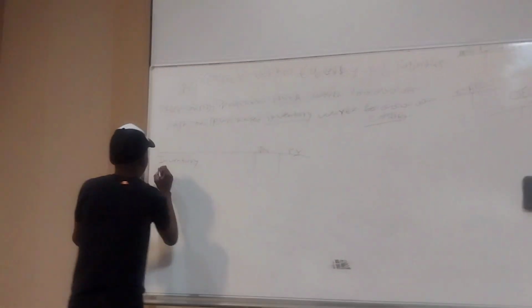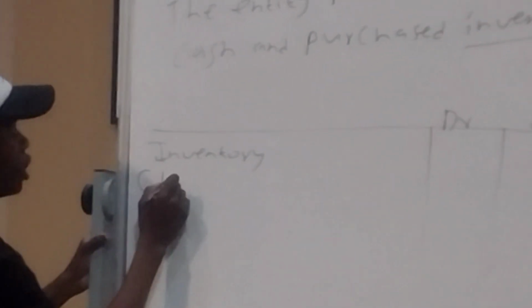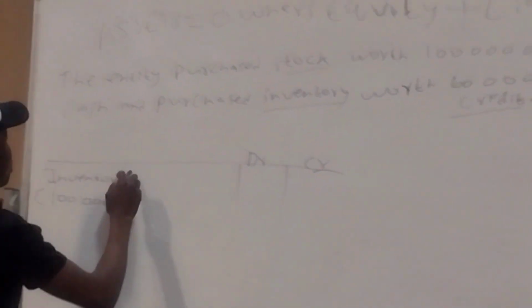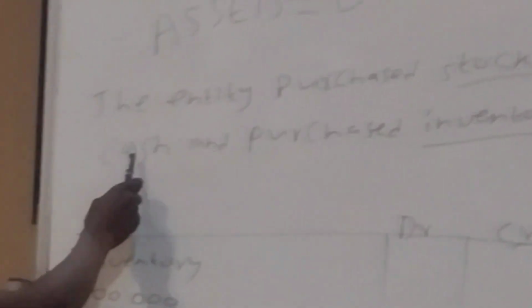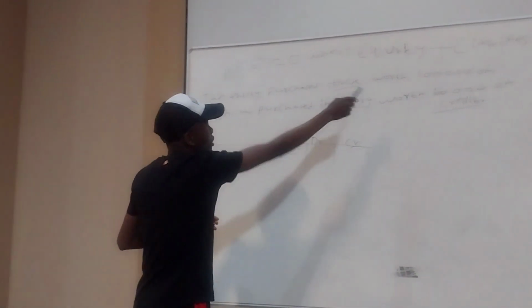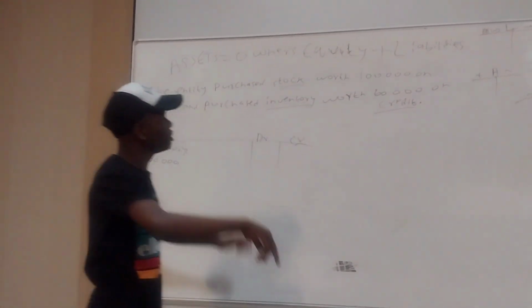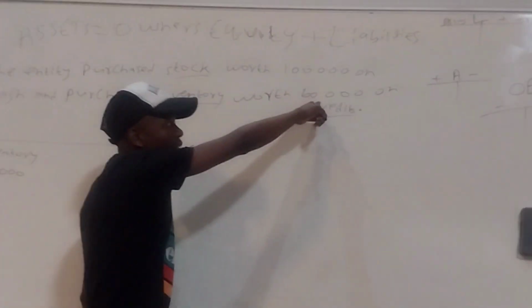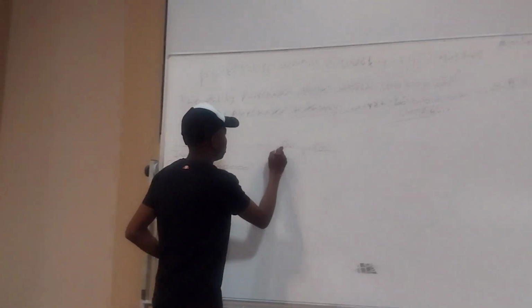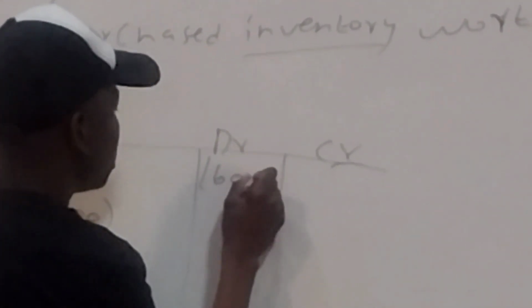For the inventory account, you have 100,000 that you purchased with cash. And again, you purchased another inventory in the same transaction worth 60,000 on credit, which means you add 60,000 here. Let's not forget, this amount is debited. We're going to have 160,000 on the debit side.